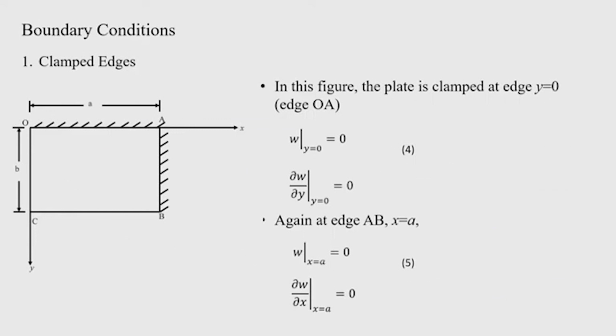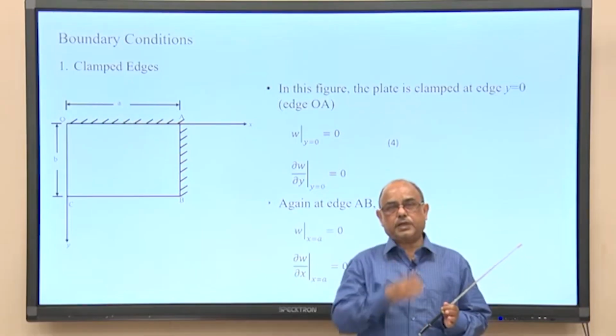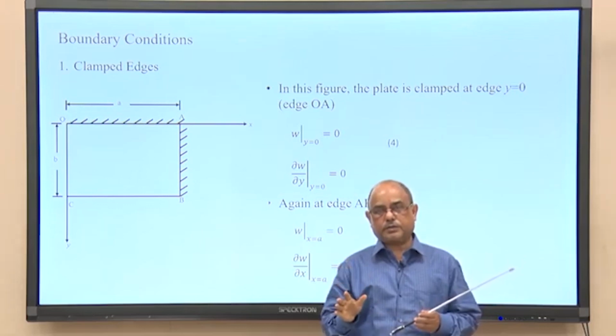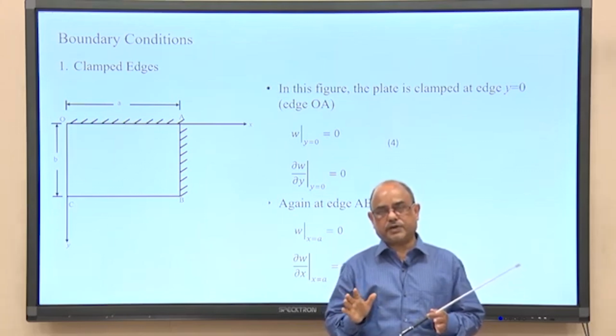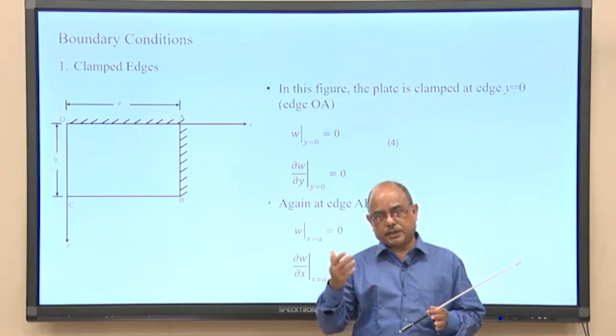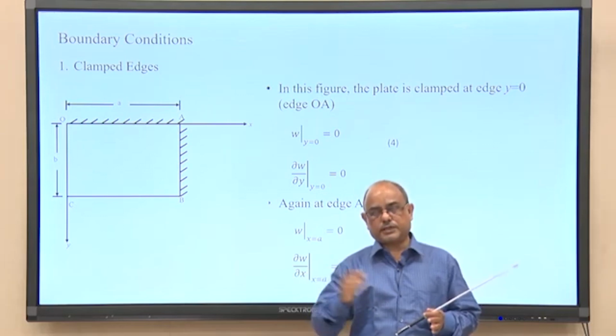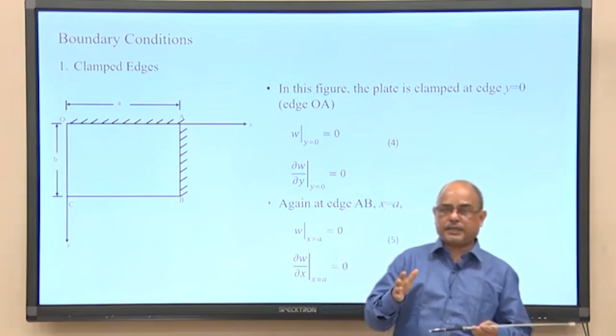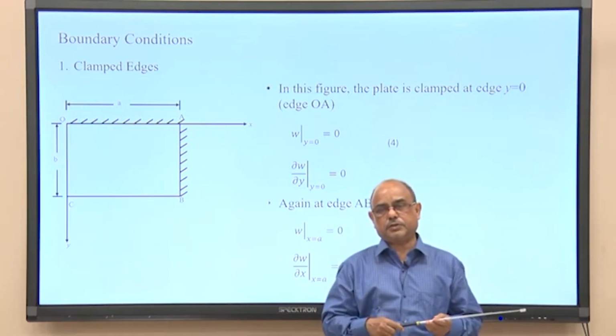Now, let us see the boundary conditions, because I told you that boundary conditions are important components of the plate problem. When the boundary conditions are satisfied, then you will get the solution which is close to the exact value. Again there are 2 types of boundary condition.